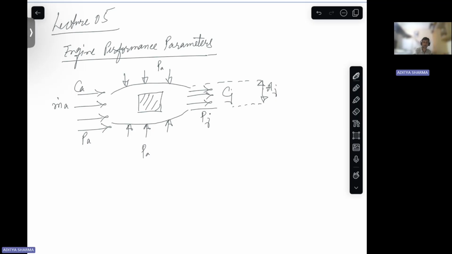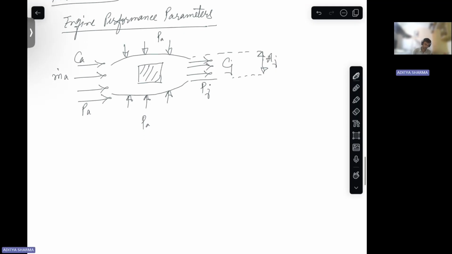Now, if you have to define thrust, the first parameter here is thrust.